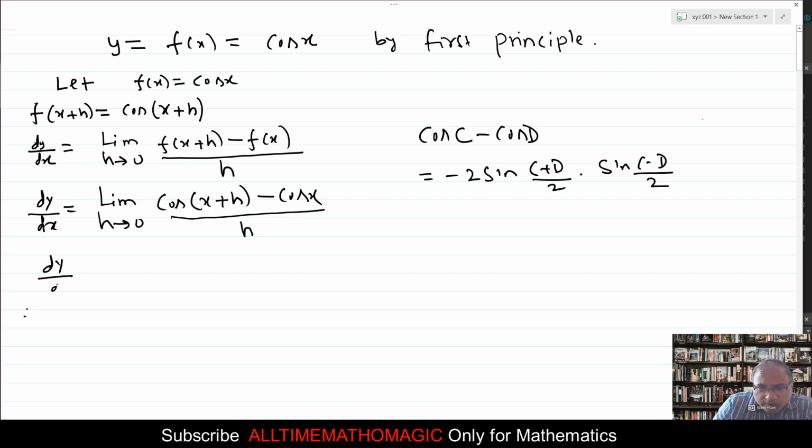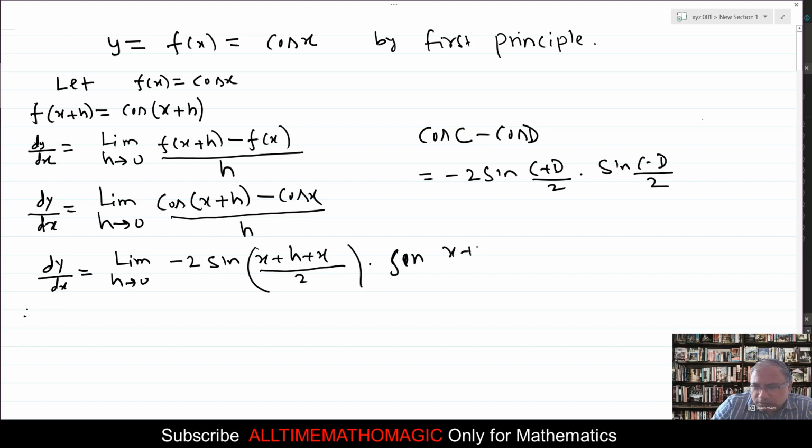Therefore dy by dx equals limit h tending to 0 of minus 2 sin of (x plus h plus x) by 2 times sin of (x plus h minus x) by 2, whole divided by h.